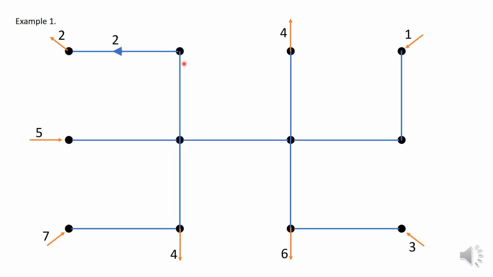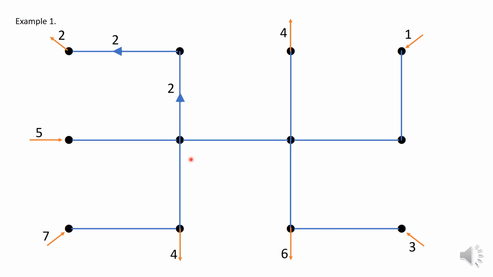You have an output of 2 units, so you must have an input of 2 units. So the flow along this branch will be 2 units, and therefore the flow away from this node will be 2.